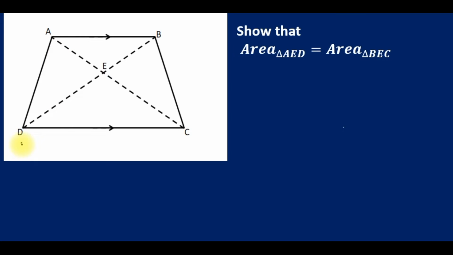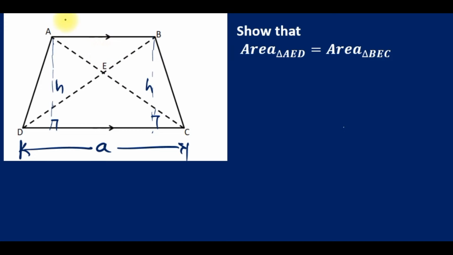Let's label DC as A, and this height as H. This is also H from the same point.